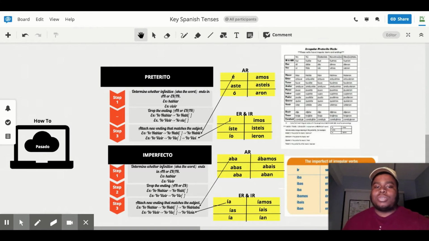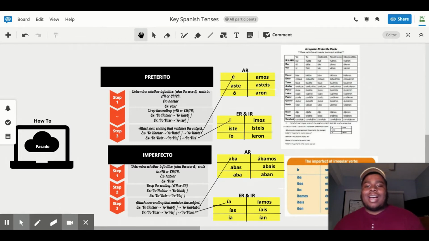Amos is for nosotros. Asteis is for vosotros. And aron is for ellos, ellas, and ustedes. Since we have yo at the front, we follow that line, and it'll be é with the accent. Attach it at the end, so it'll be yo hablé.